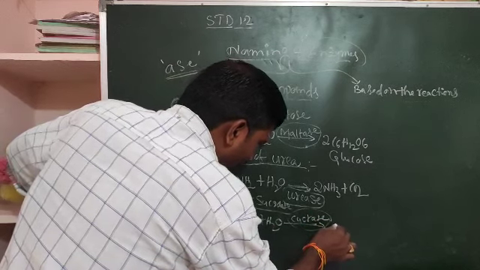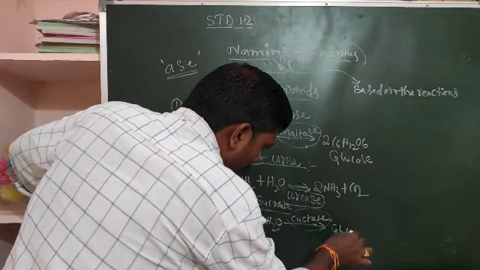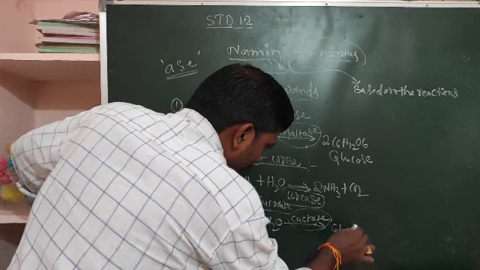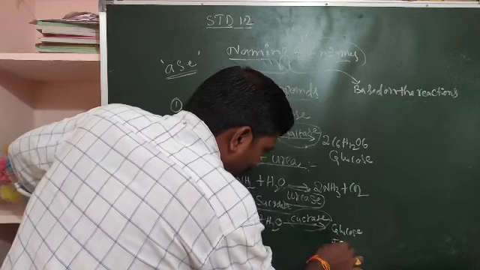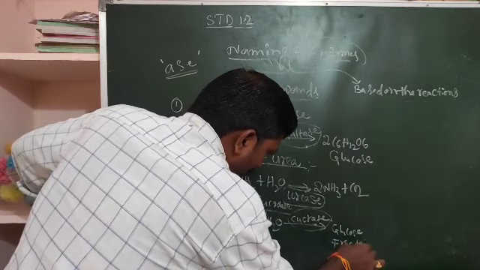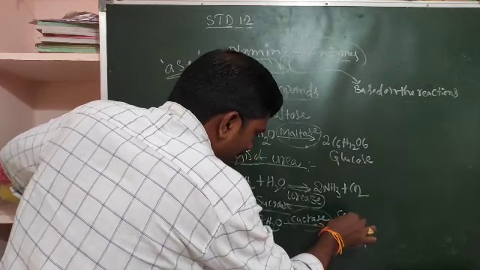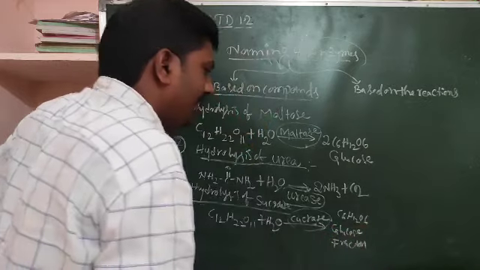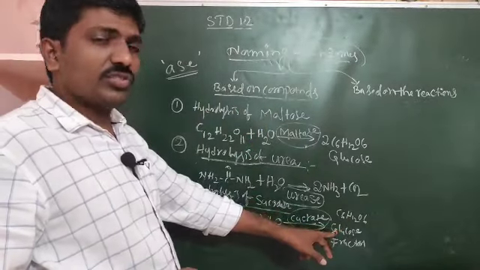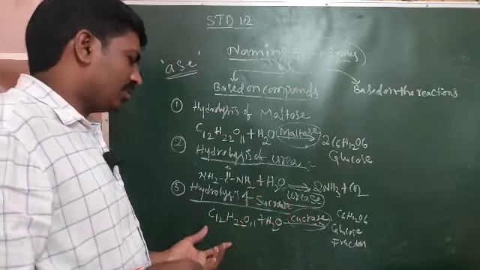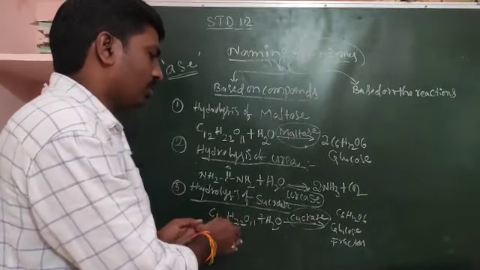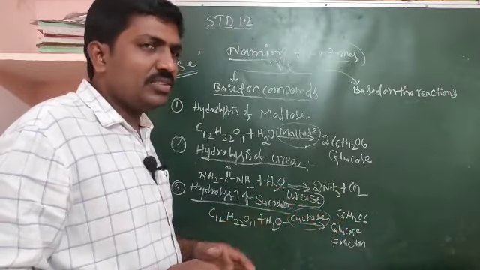We get 1 mole of glucose and fructose, both C6H12O6. So hydrolysis of sucrose gives two compounds, glucose and fructose.